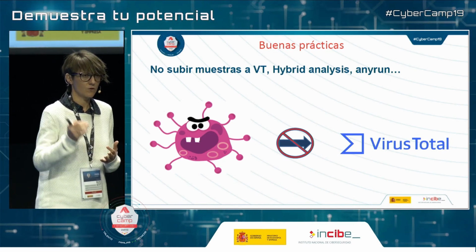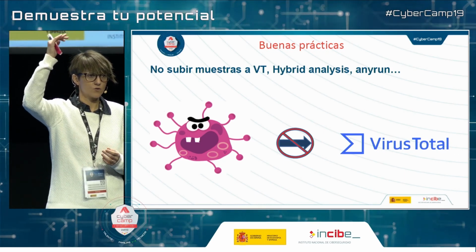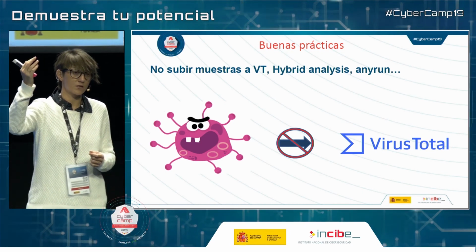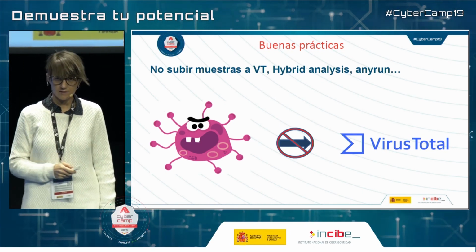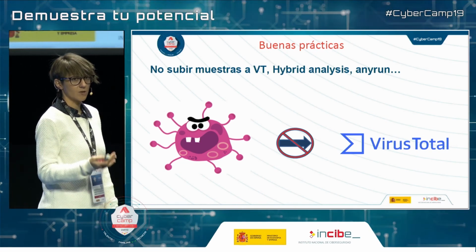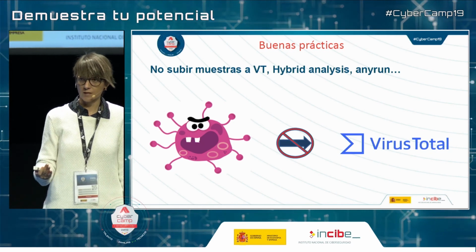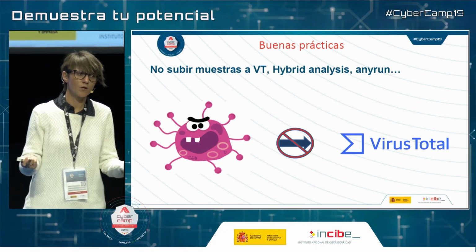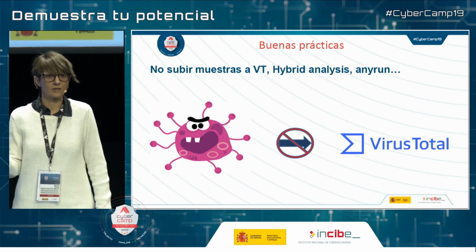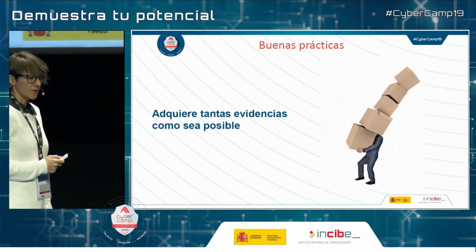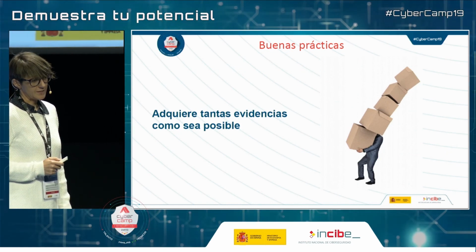And this is what hurts the attackers the most. When we get to the highest level, this is where most damage can be done. So we don't need to upload the samples. The hash, we can check that with VirusTotal to see that it's an existing sample.